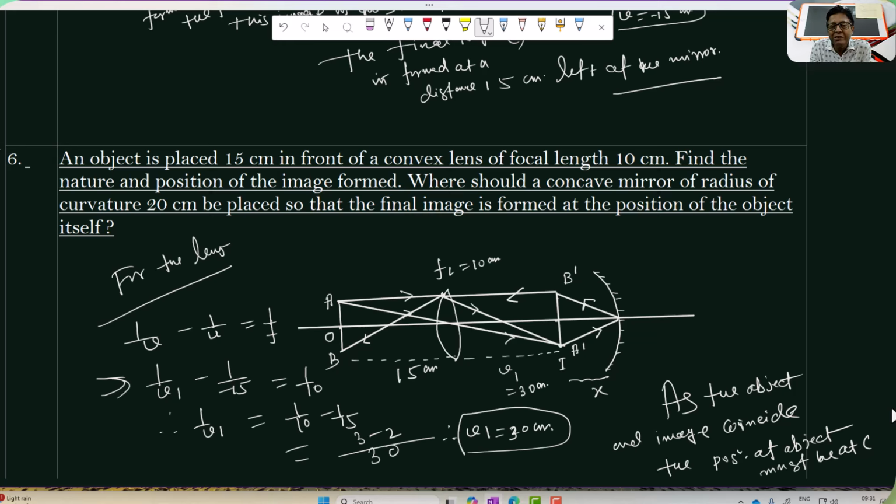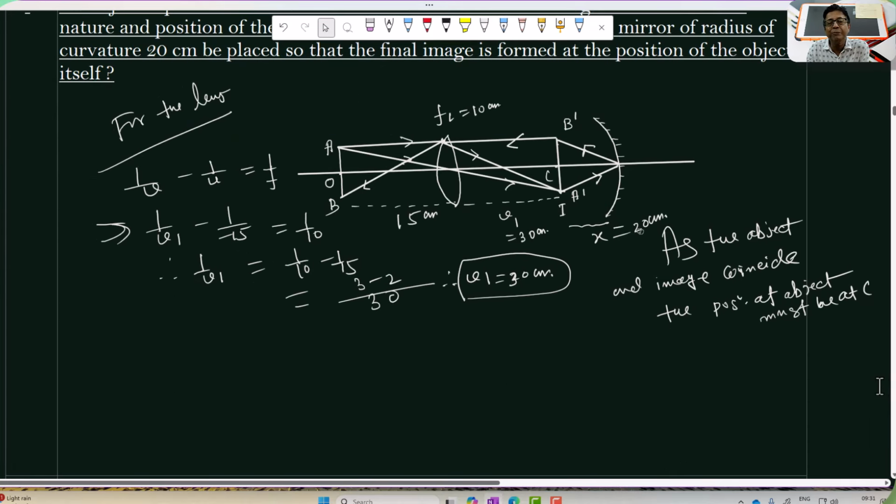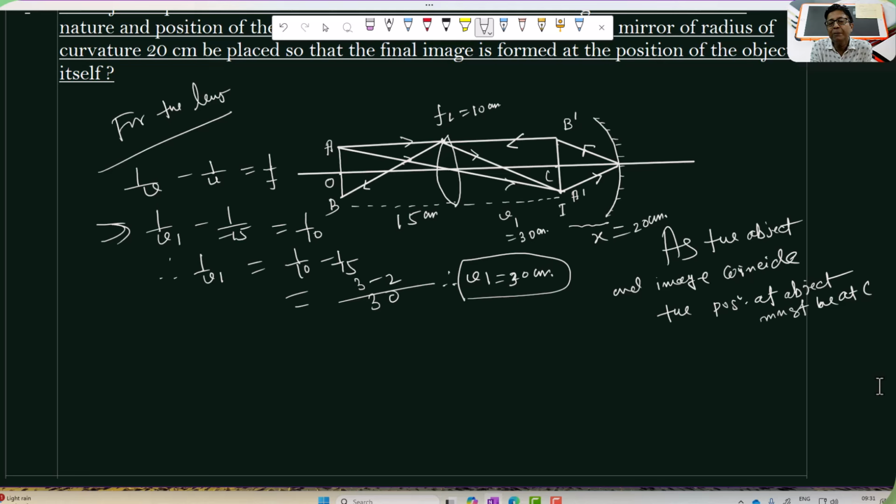So if this is the center of curvature, this distance is going to be equal to 20 centimeter. Okay. So the mirror has to be placed at what distance away from the lens? This part 20.